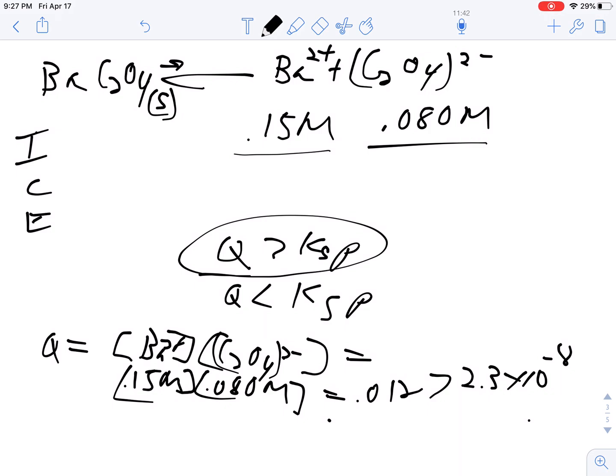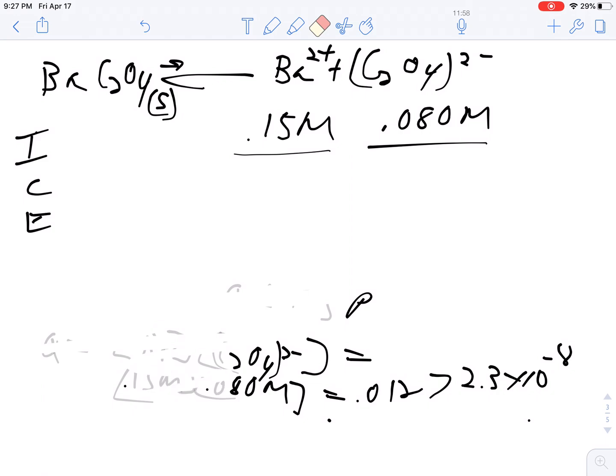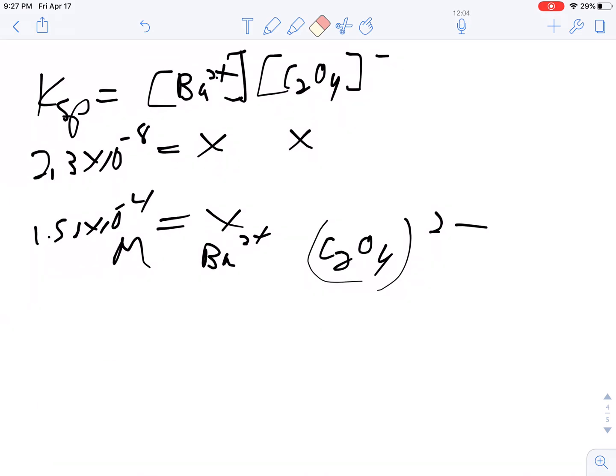Nope, I screwed up. We have to work out an ice table. So these are our initial concentrations. Everything I said is right, but because they start off at different amounts, we have to work an ice table.